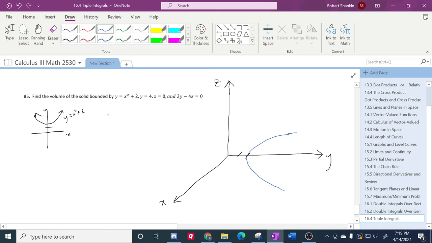Now, there's no z in this, which means you could put a plus 0z, which means z can be anything. So it goes straight up and straight down. So imagine this is like a sheet of paper that you put the bottom of on the xy plane like this, and you curve it, and so you've got these things going straight up.